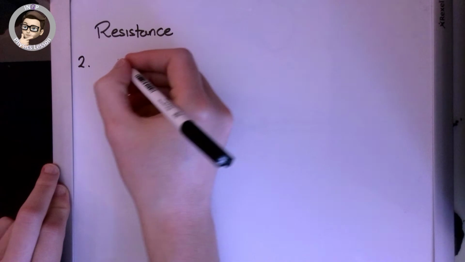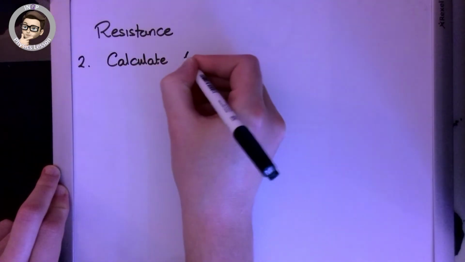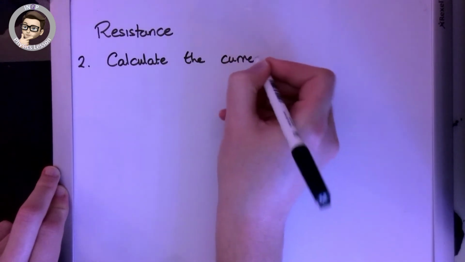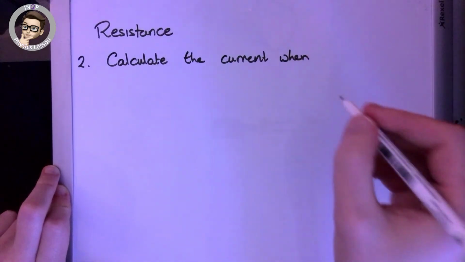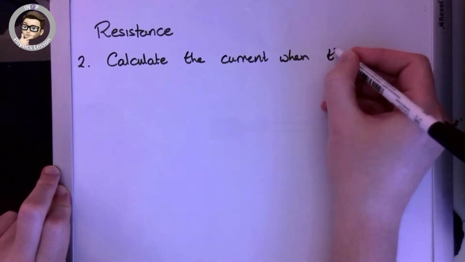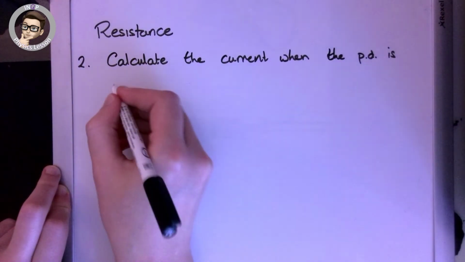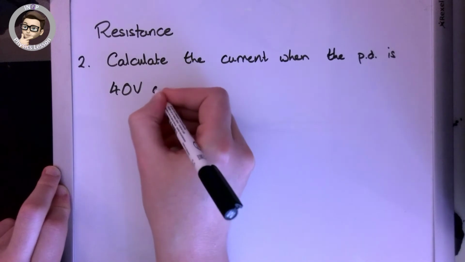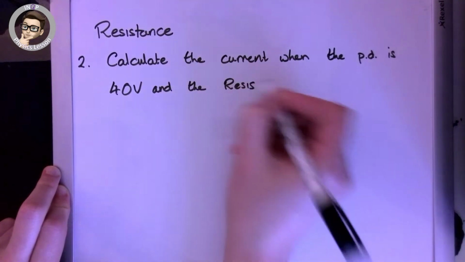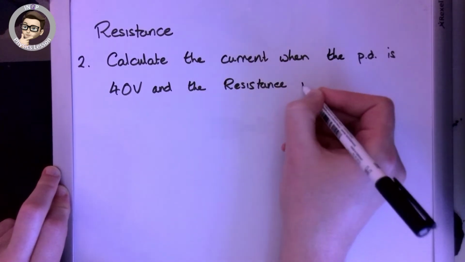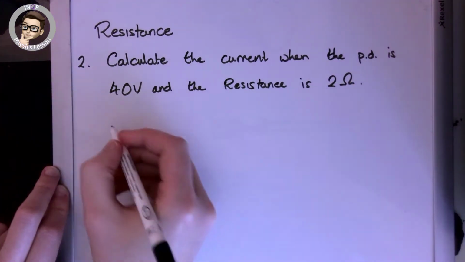So this time I want to calculate the current when the potential difference is 40 volts, and the resistance of our component is 2 ohms. So as always, let's write down what we know.